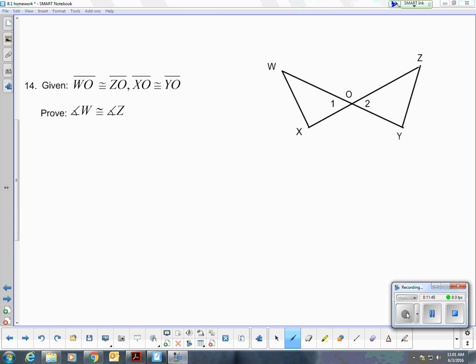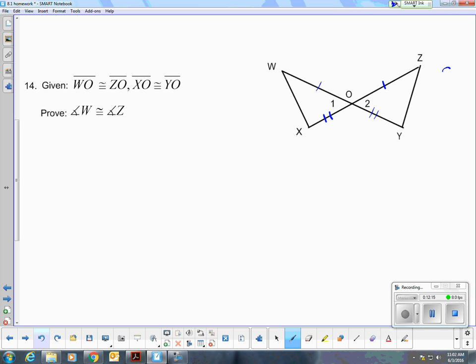Here we have another proof. Again, we're going to be proving that angle W is congruent to angle Z. In order to do that, I first need to prove that these two triangles are congruent to each other. So let's take a look at the given. Segment WO is congruent to segment ZO. Segment XO is congruent to segment YO.